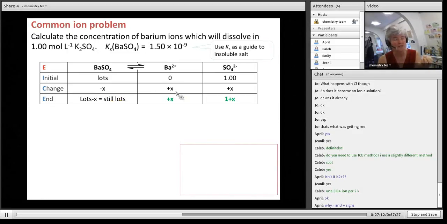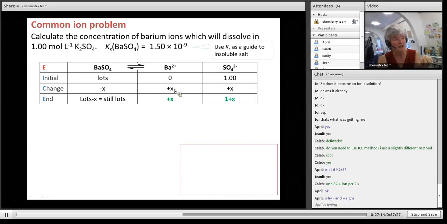Here I've very slightly increased my concentration of barium ions, and I've very slightly increased the sulfate. So it's a plus for increase and a minus for decrease. Good question. So if I had lots and I subtract a tiny, tiny amount, I still have got lots. So lots subtract 0.0000001 is going to be still lots.